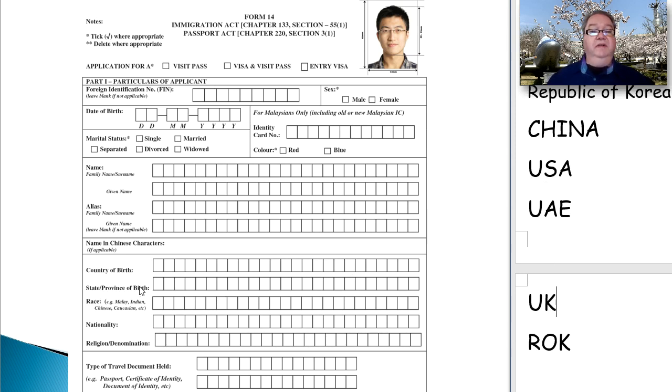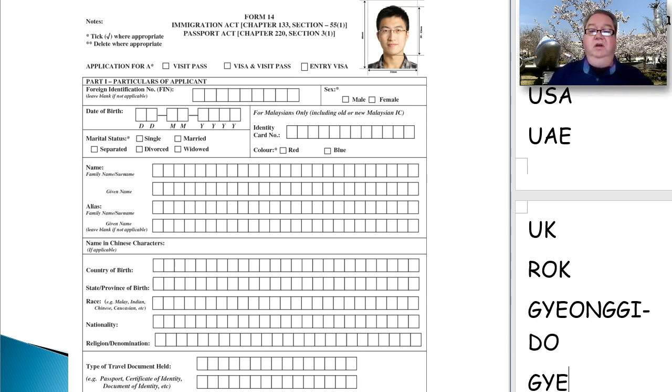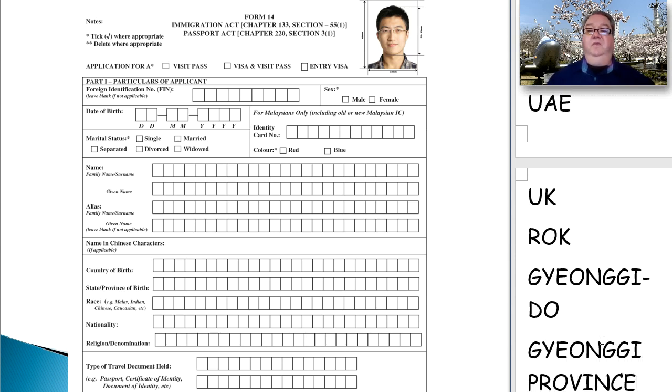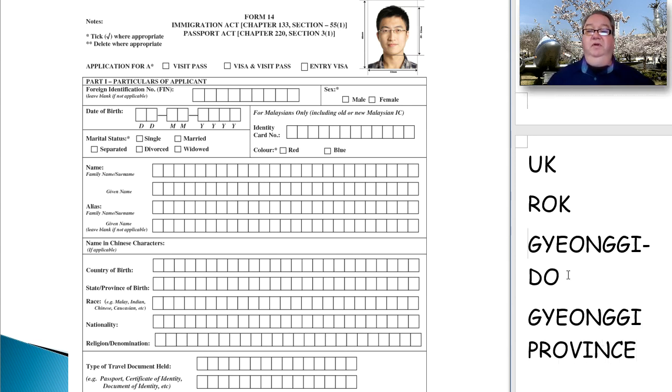State or province of birth. So in Korea, you have provinces. For example, if you were born in Gyeonggi province, you could write Gyeonggi-do or Gyeonggi province. Either one of those would be acceptable.